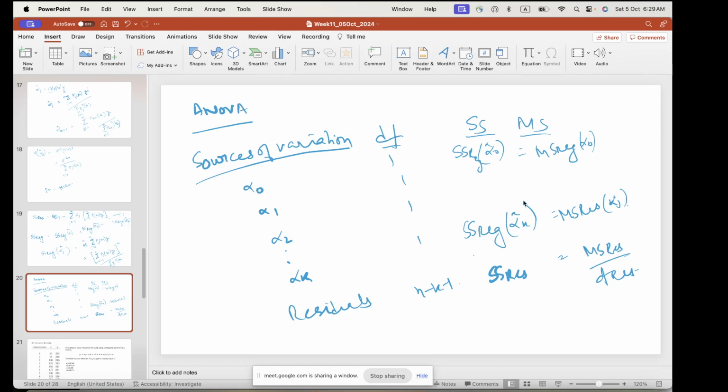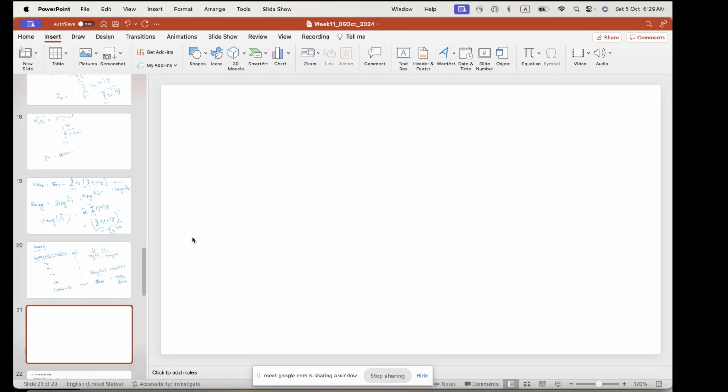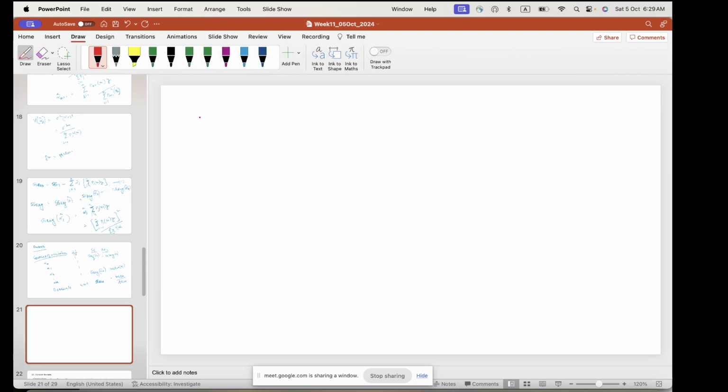Now once we have this ANOVA table, we can proceed to test for significance of any of the alphas. So how do we do that? To test for significance, the H naught is alpha k equal to 0.